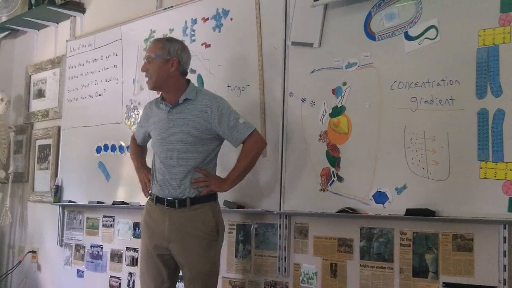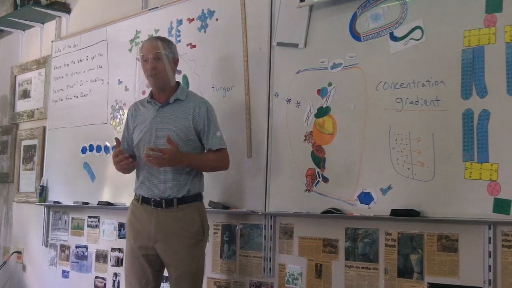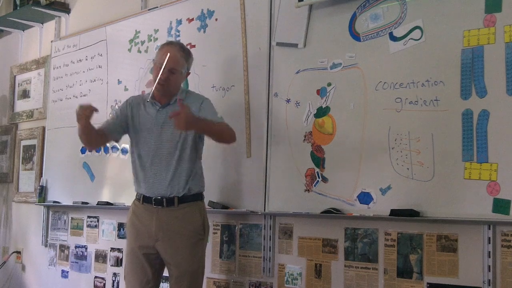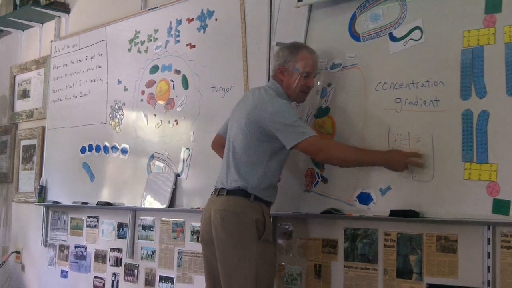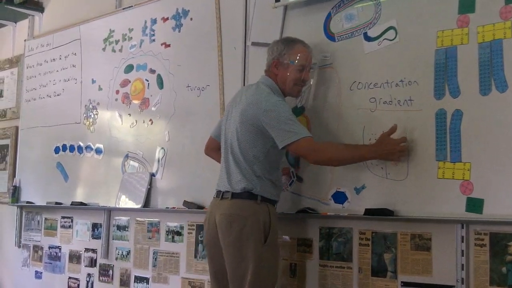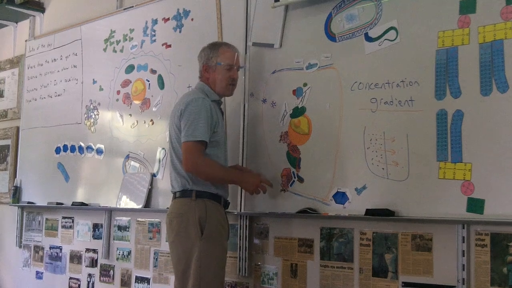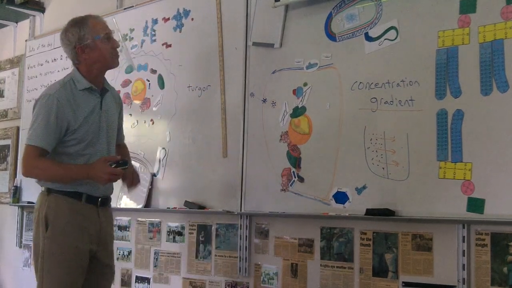To use them. What if it needed food? It's got food inside of it, but it wants more food, doesn't it? So it can pull food in from its environment and pull these molecules in. But that takes energy. Anytime you're going against the concentration gradient, it takes energy. So what does a cell do? It uses transport proteins.